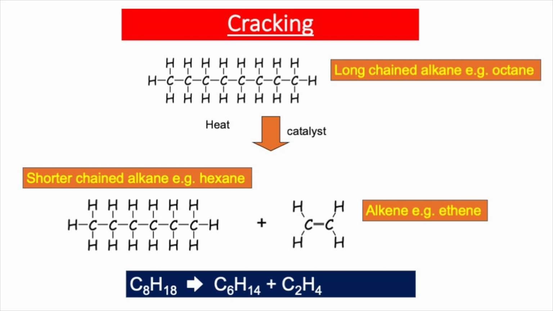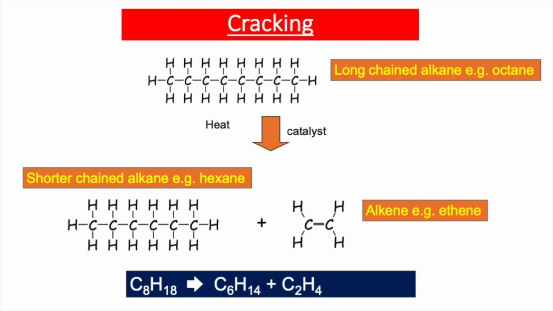So if I was only given part of this equation, C8H18 goes to C6H14, I would have to work out how many carbons and how many hydrogens would be in the remaining molecule. I do this by looking at the equation and realizing I must have the same number of carbons and hydrogens on either side.